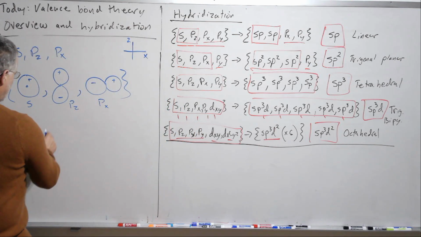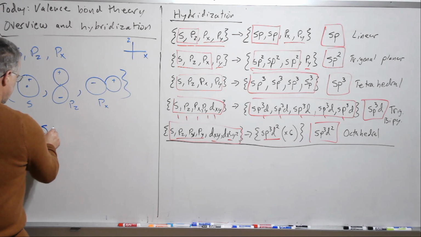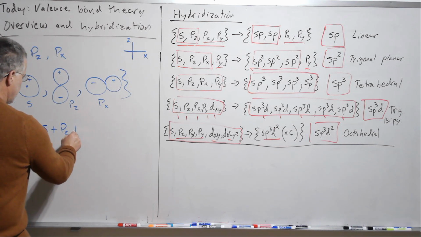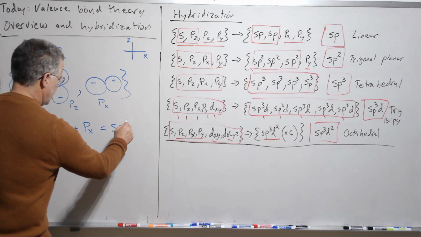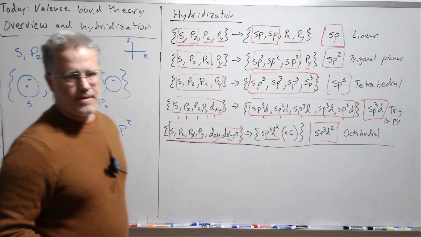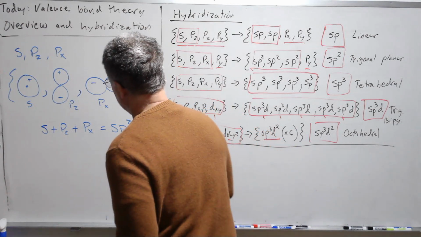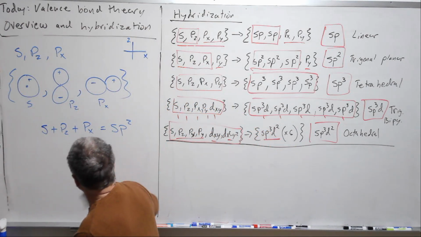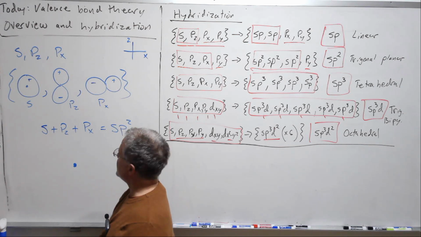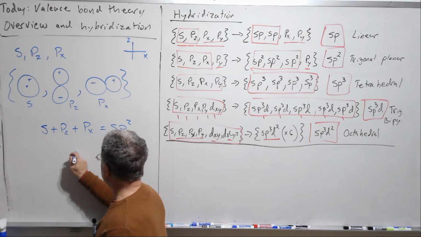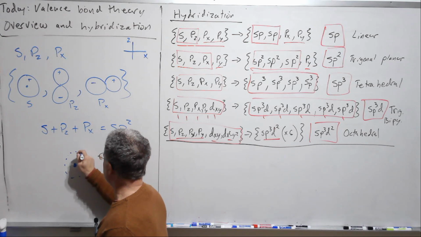All right, so let's look at S plus PZ plus PX, and that's going to be an sp2. Okay, let's see where that is. So if I draw my nucleus here, I'll dash these in.